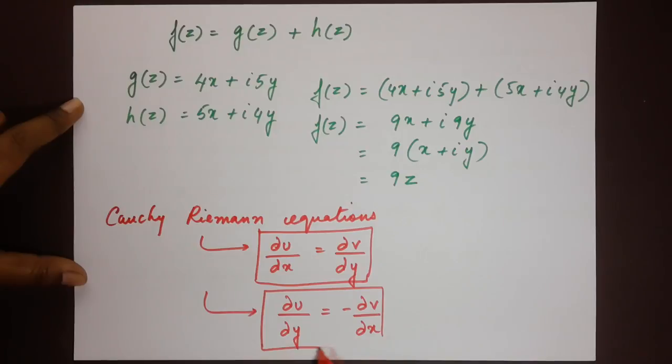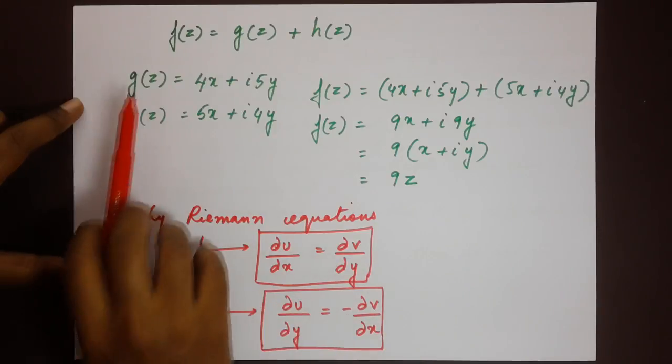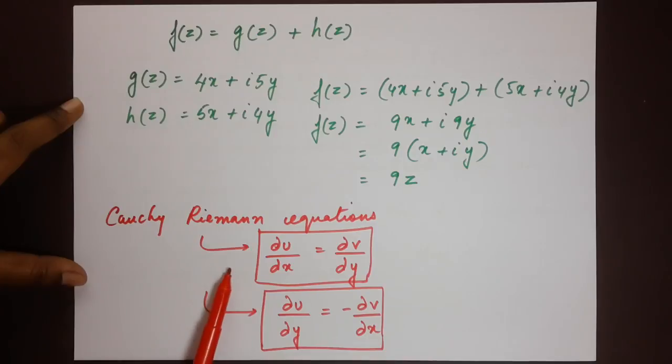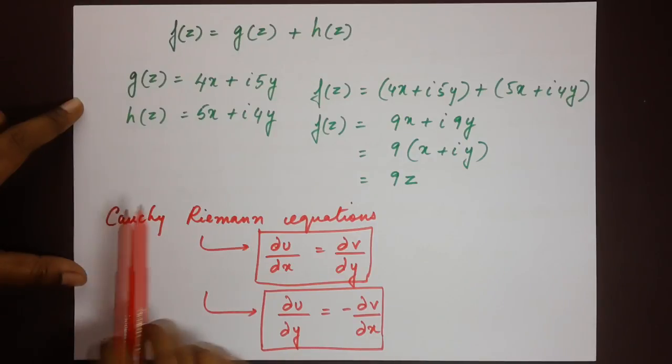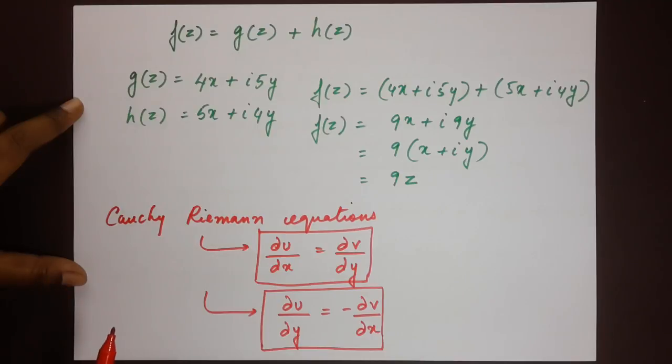This is the second. Now we see here that when we try and find out if g(z) and h(z) satisfy the Cauchy-Riemann equations, we find that it is not true. They don't satisfy the Cauchy-Riemann equations.